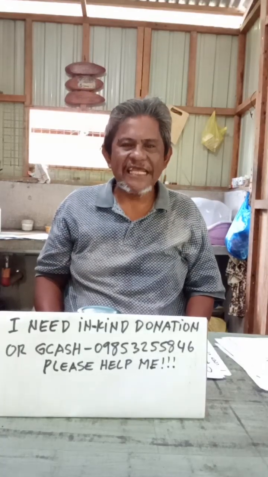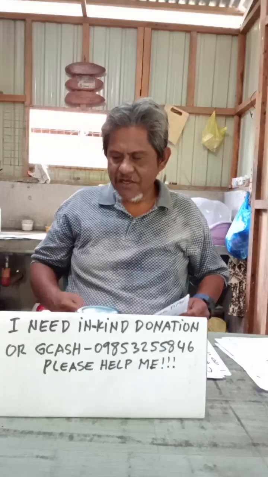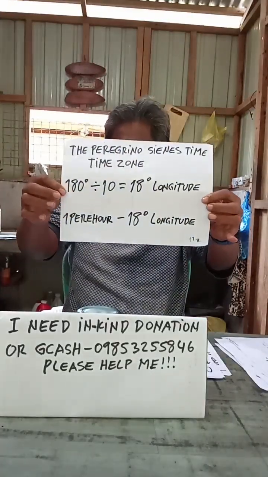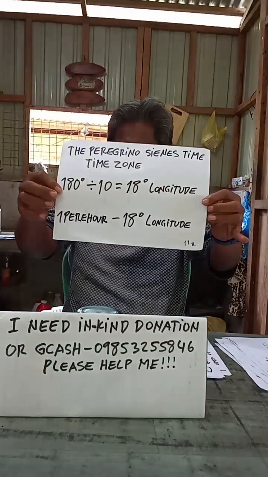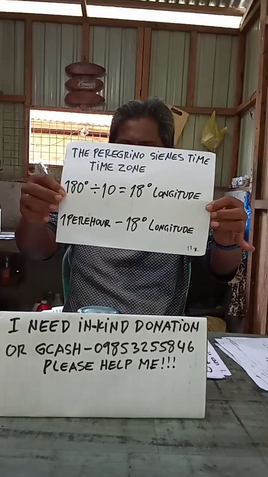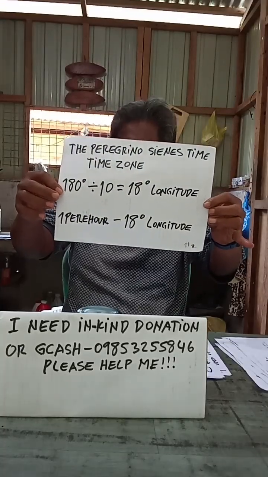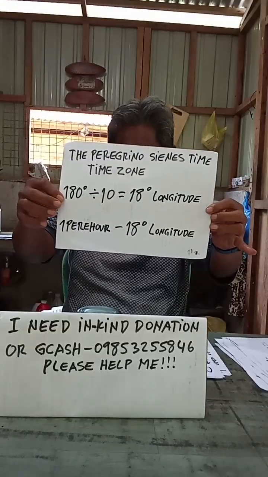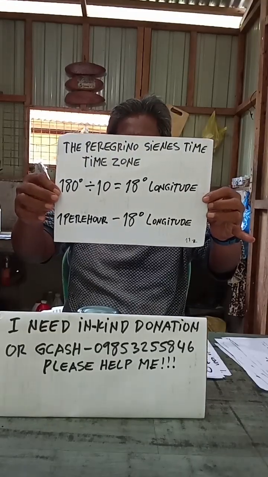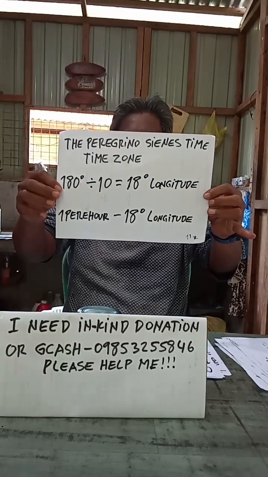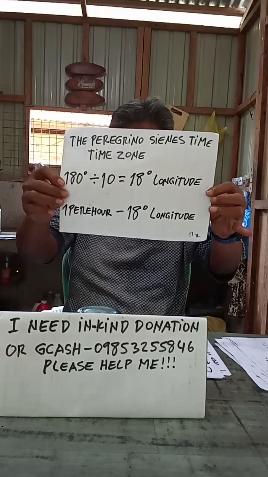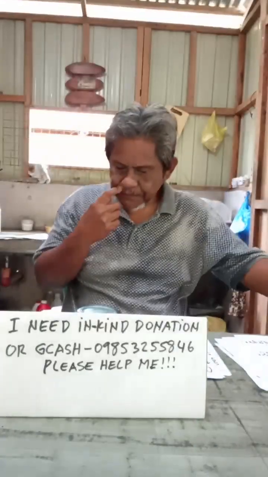Then the Peregrino Sienes Time has only 10 o'clock. So, 180 degrees divided by 10 is equal to 18 degrees longitude wide. So, 1 per hour is equal to 18 degrees longitude wide.